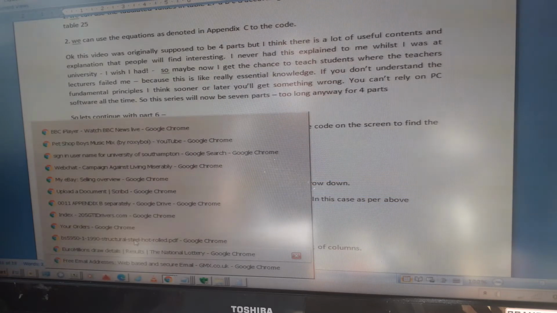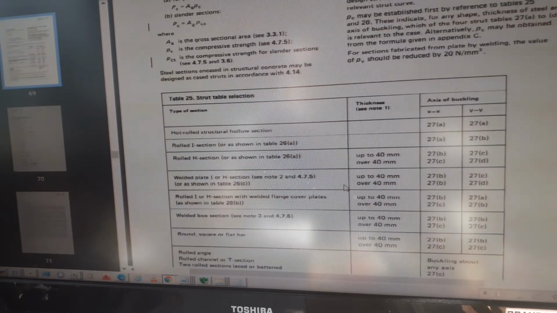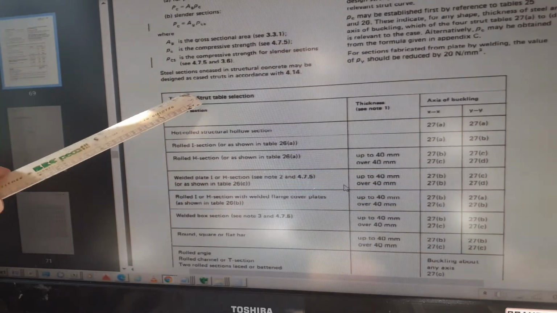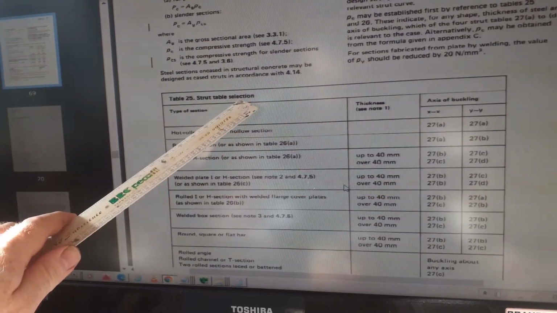Can you see that okay? Sorry about the light, but the sun's coming in from a weird angle. So here, Table 25, the strut table selection.